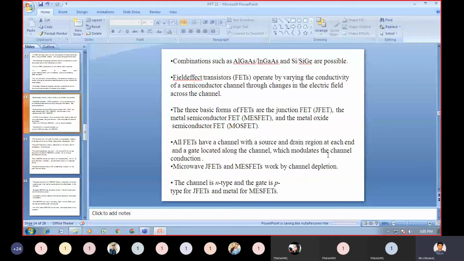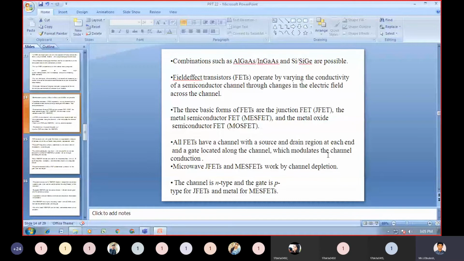Field effect transistors, FETs, operate by varying the conductivity of a semiconductor channel through changes in the electric field across the channel. The three basic forms of FETs are the junction FET, the metal semiconductor FET, and the metal oxide semiconductor FET, which means JFET, MESFET, MOSFET.